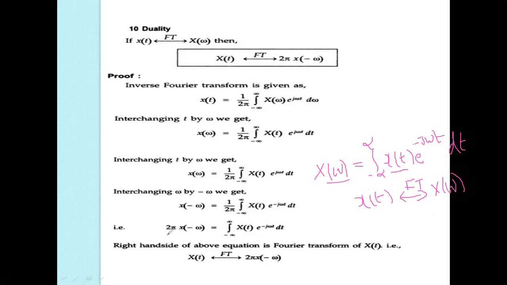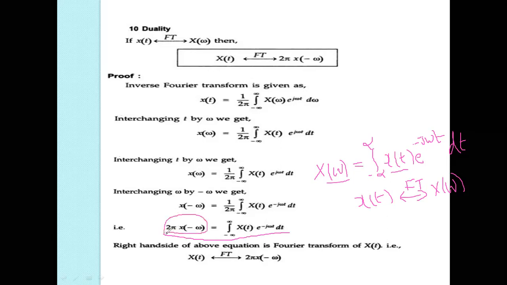Alright. Now, in this equation, the integral is the same. Instead of X of omega, we have 2 pi into x of minus omega, integral minus infinity to infinity x of t e power minus j omega t dt. What is the base here? X of t is a Fourier transformation pair with 2 pi x of minus omega.